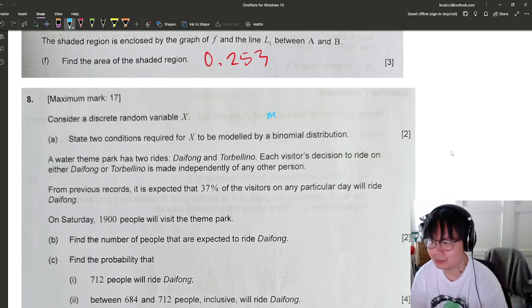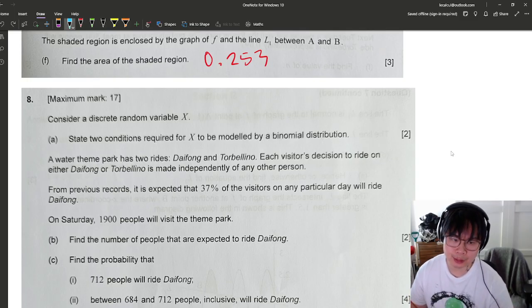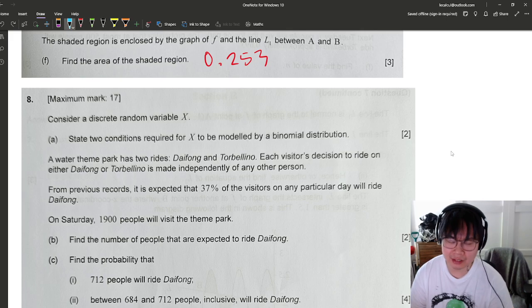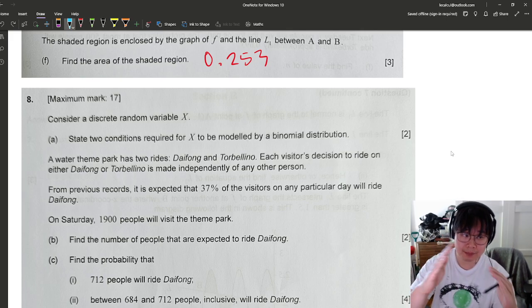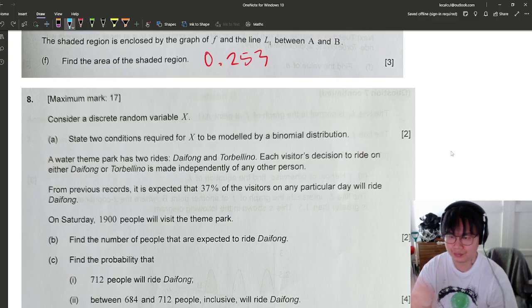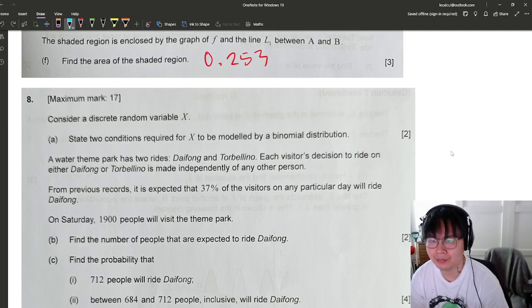So a binomial distribution is like flipping a coin a bunch of times, and then you're counting how many heads show up. Let me draw it, right?